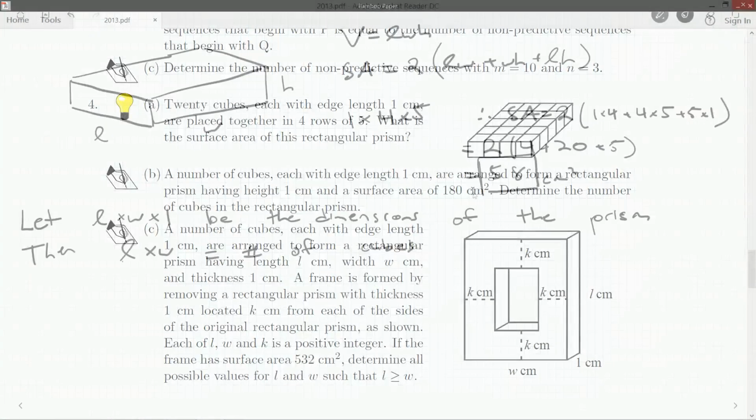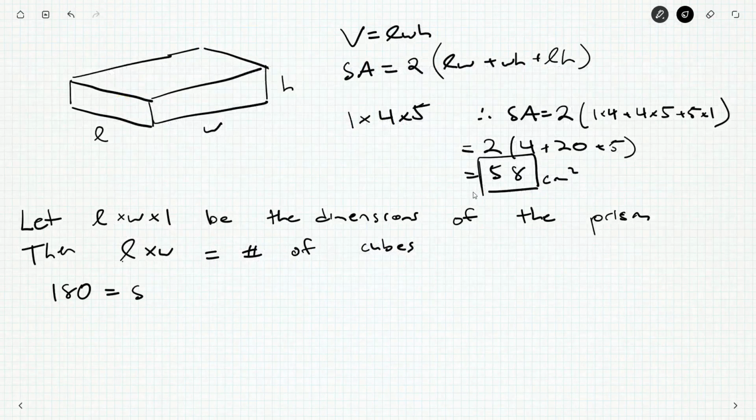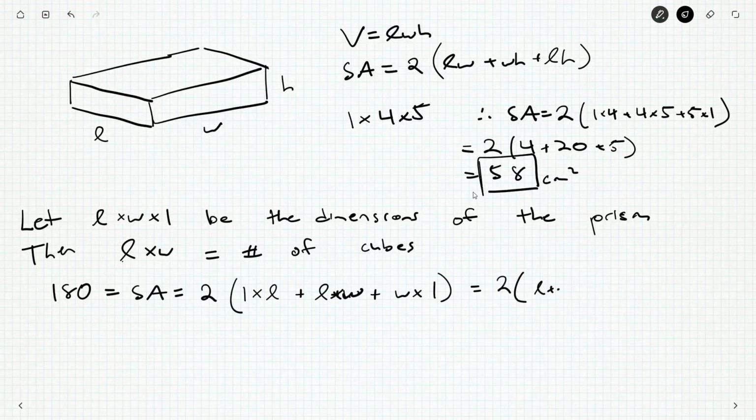State the number of cubes in the rectangular prism. So we know that 180 is equal to the surface area, which is equal to twice 1 times length plus length times width plus width times 1. So that's going to be 2 times length plus width plus length times width.